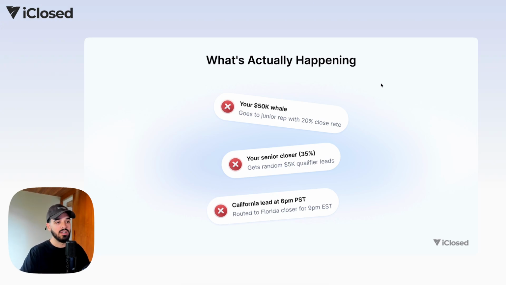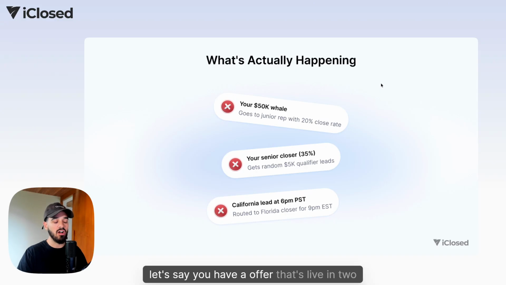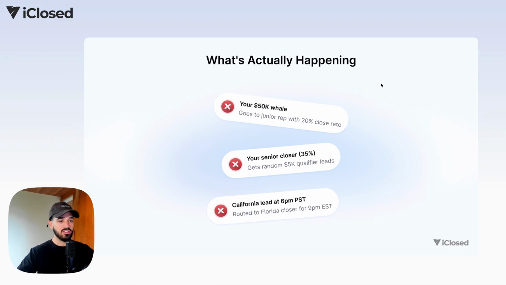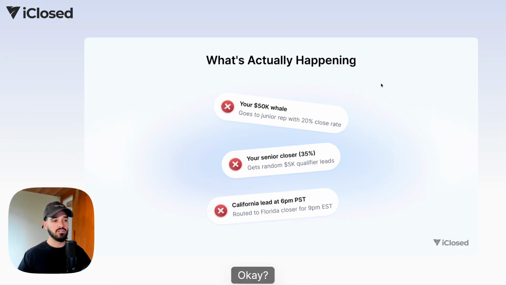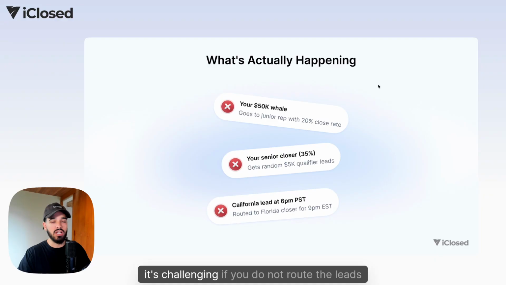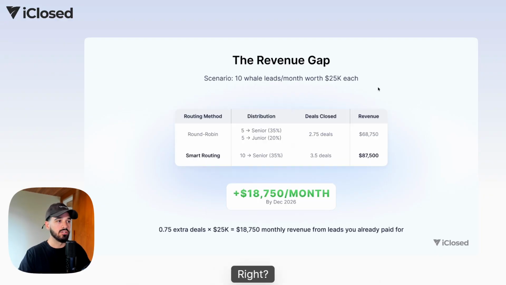Even if you have an offer that's live in 2 different countries, for example. I know for us, we were running an offer in the US, but also in France. Okay. So it's challenging if you do not route the leads correctly, right?